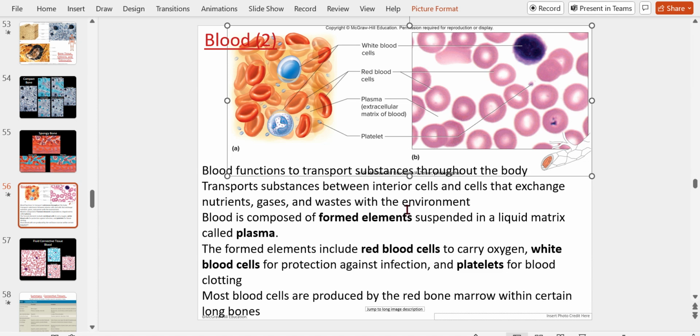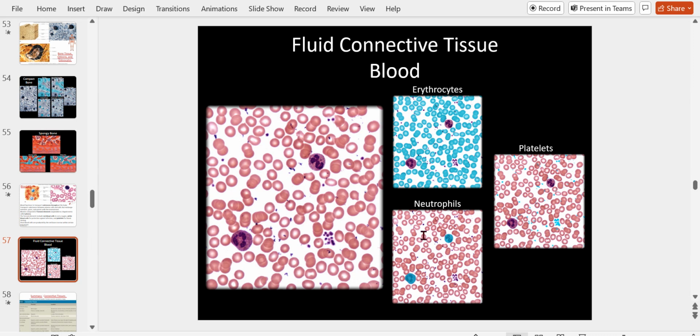The formed elements include red blood cells to carry oxygen, white blood cells for protecting against infection, and platelets for blood clotting. Most blood cells are produced by the red bone marrow within certain long bones. You'll see your erythrocytes, platelets, neutrophils, and your white blood cells. There's lots more going on in blood than just blood.